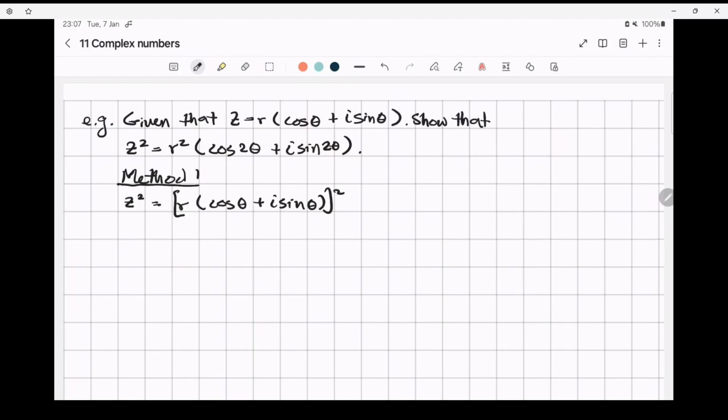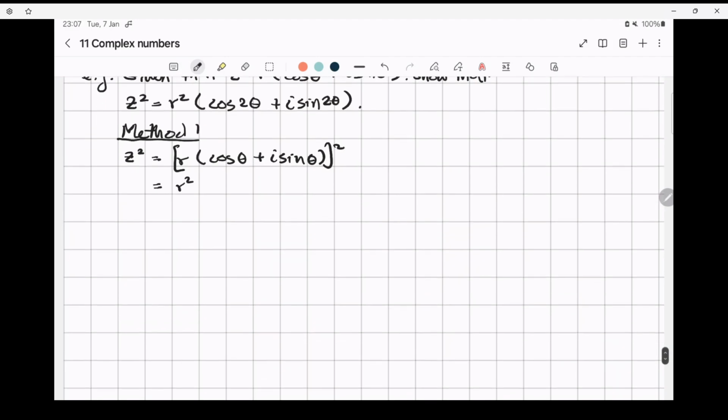You square this thing, so you will get r squared, and then when you square the inside you will get cos squared theta plus 2i cos theta sine theta plus i squared sine squared theta, right?